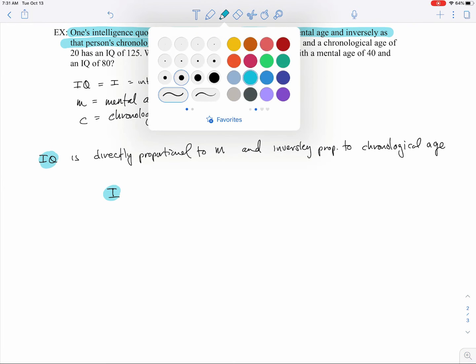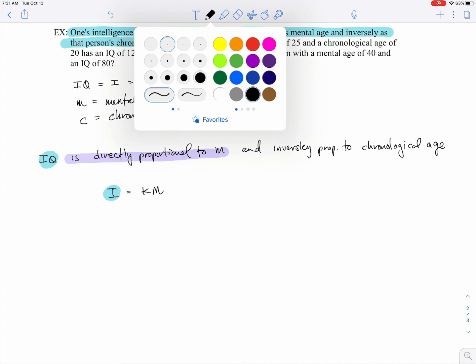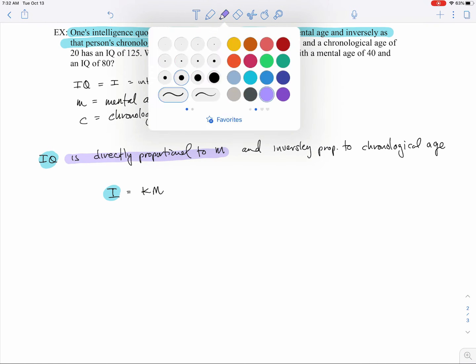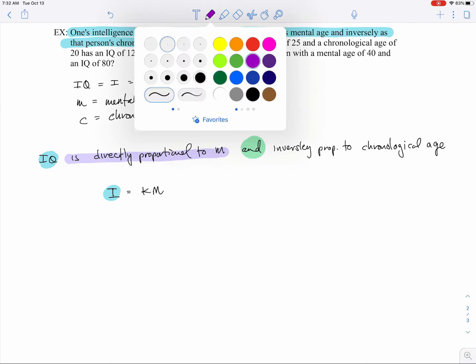Let's see, changing colors. We have IQ. I is directly proportional to M, which means that this is KM. And for our purposes here, the term and translates as multiplication.